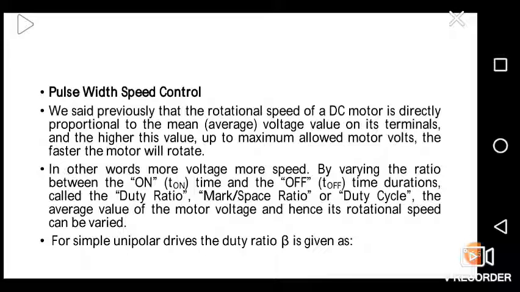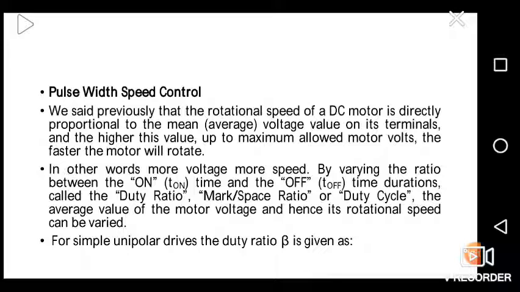By varying the ratio between on time and off time durations, called the duty ratio, mark space ratio or duty cycle, the average value of motor voltage and hence its rotational speed can be varied.